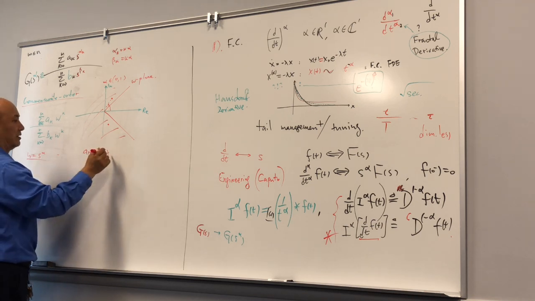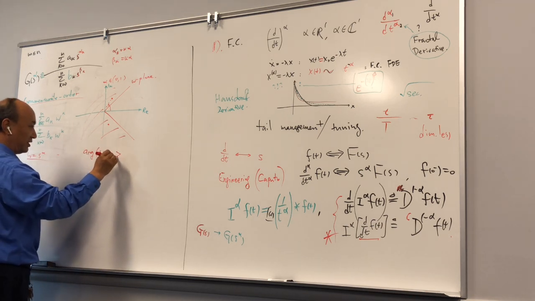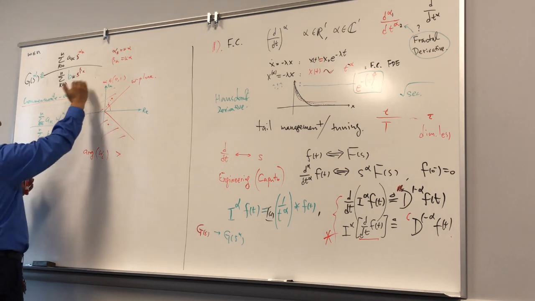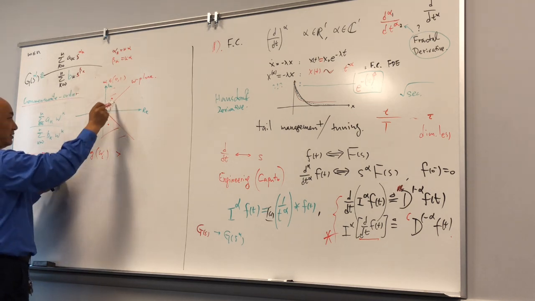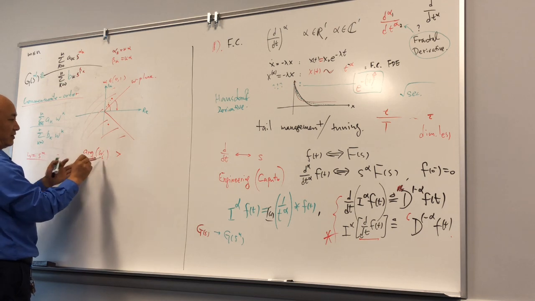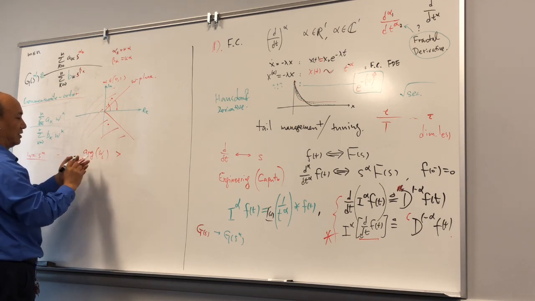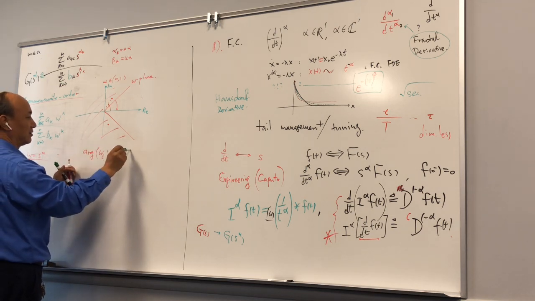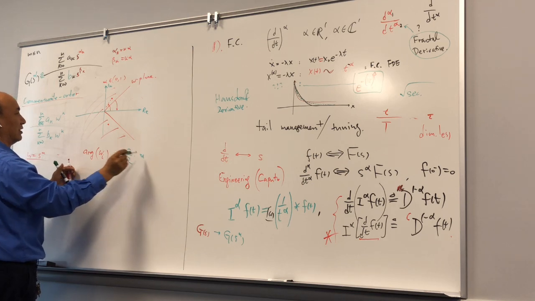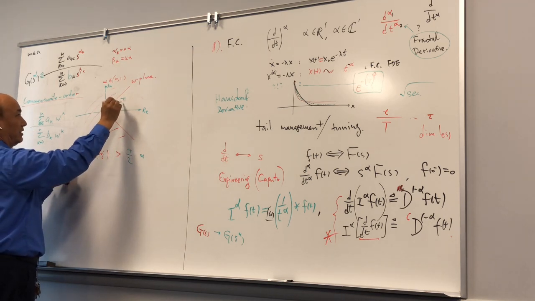If it is greater than this angle, and this angle is alpha times pi over 2.